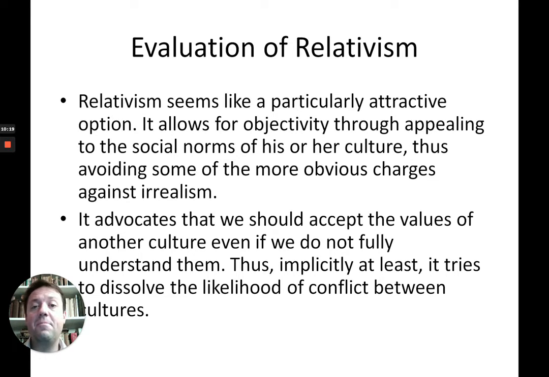Now, of course, you might disagree with that, and you might, for example, argue that relativism doesn't suggest that we should accept the values of another culture, as per the argument that I made earlier. But it's quite a common idea that because all morality is relative, we should try to tolerate one another. There are good reasons to think that might not be the case.